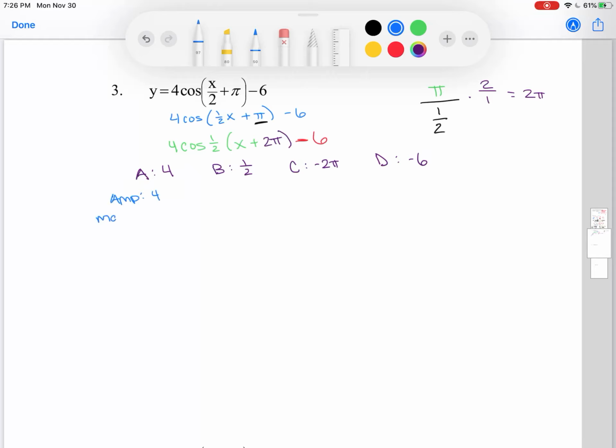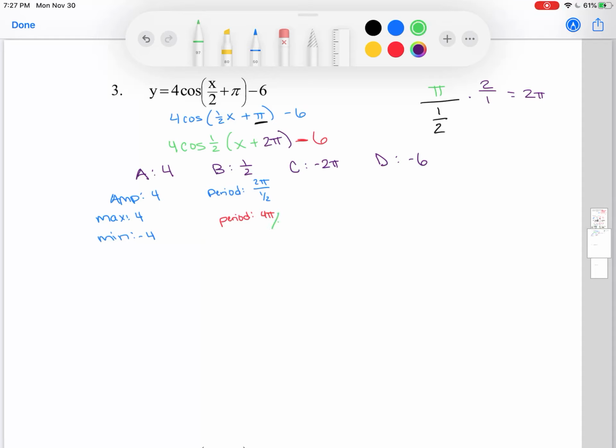My amplitude is 4, which means currently my max will be 4, my min will be negative 4. My B is 1 over 2, which means my period is going to be 2 pi over 1 over 2. Skip, flip, multiply. And when I do that, my new period is actually going to be 4 pi.